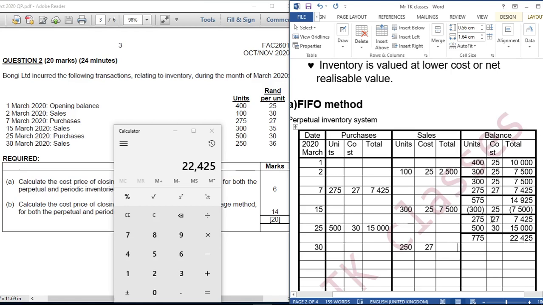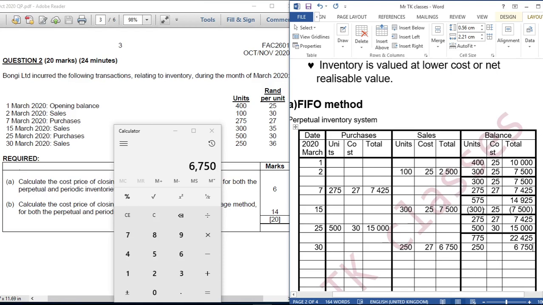We took them from this batch, right? So we are going to say 250 multiplied by 27, 6,750. Okay, so we sold 250 items from that batch.